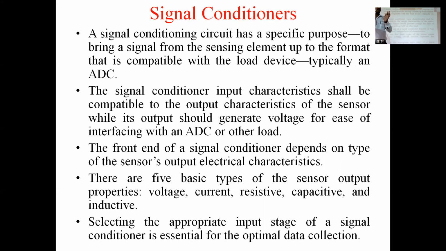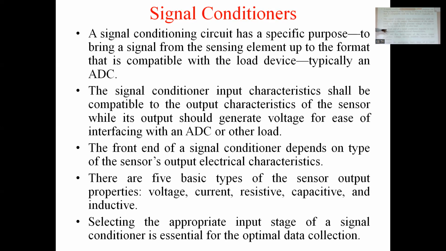They will be the same. Then we are able to interface, right? So we can interface, right? The output of the sensor and the signal we get, the electronic circuitry we are going to interface, only when the sensor output and the signal conditioner input are the same will we interface, right? So a signal conditioner's input characteristics shall be compatible to the output characteristics of the sensor.